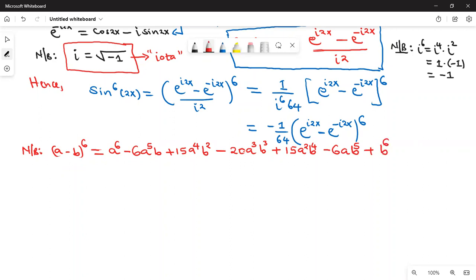So in the expansion of exponential i to x minus exponential negative i to x, we're going to say let a be exponential i to x, and our b is exponential negative i to x. So we can make this substitution. Put a equal to exponential i to x, and b equal to exponential negative i to x in this expansion. So therefore, what do we get?